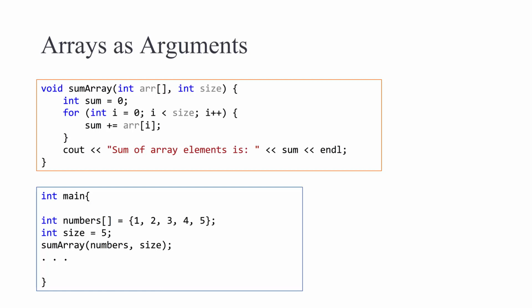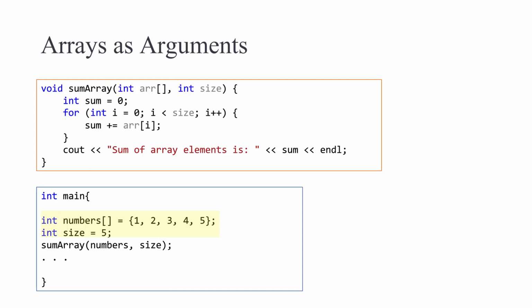Here is an example of how to call the SumArray function with an array of integers. In this example, an array of integers named numbers is declared and initialized with the values 1, 2, 3, 4, and 5. The variable size is also initialized with the value 5, which is the size of the array.